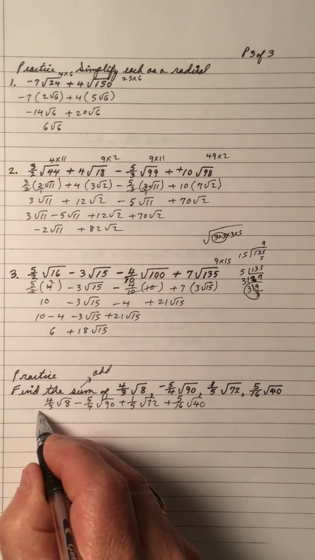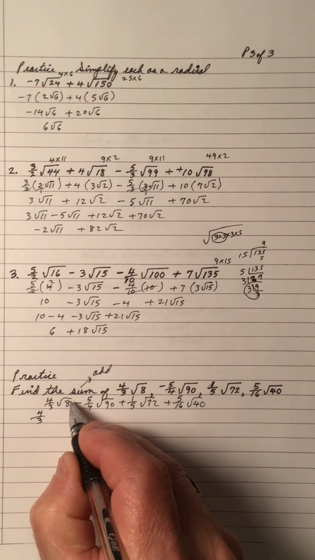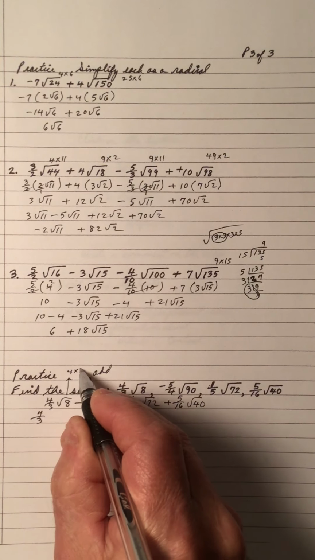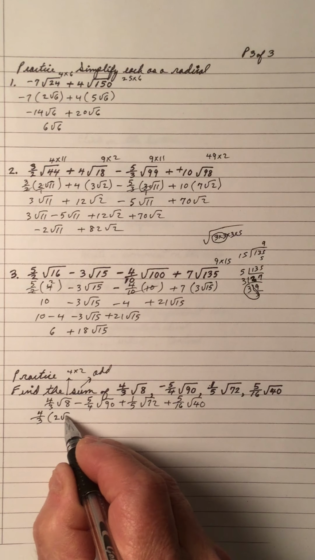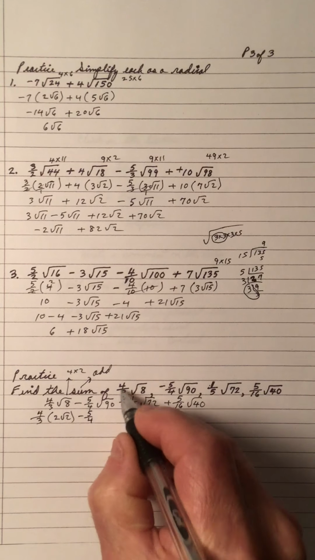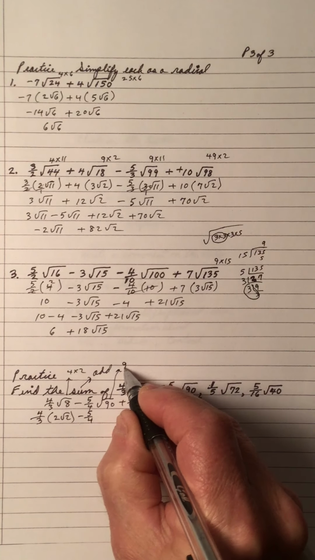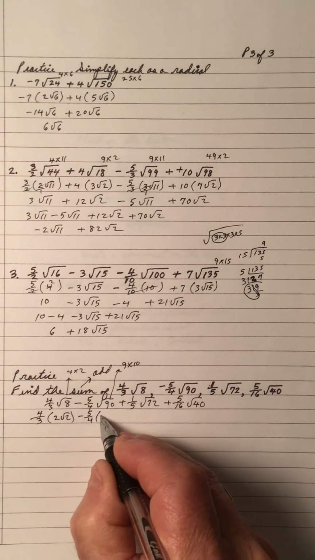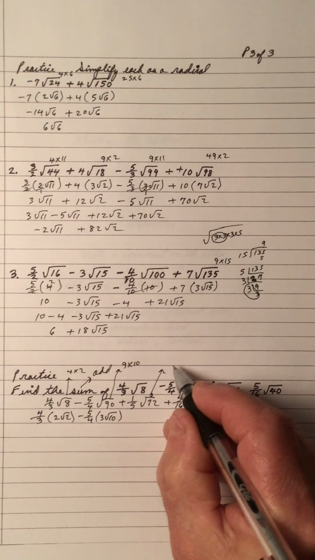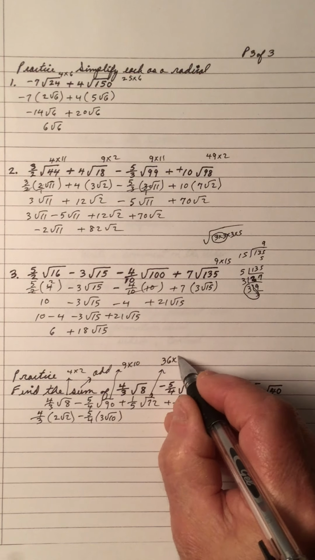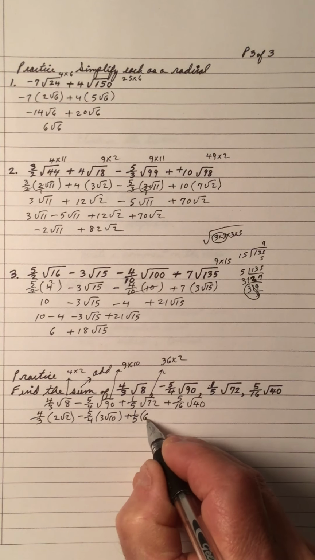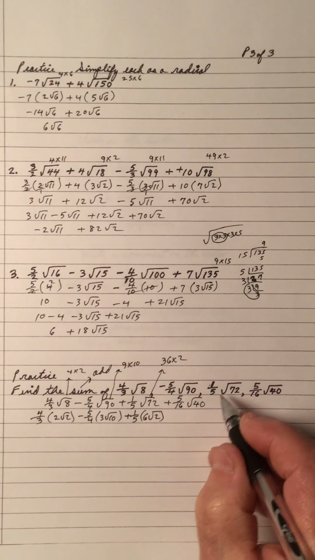Now we have to simplify each one of these. 8 is 4 times 2, so that's a 2 root 2, minus 5 over 4, and 90 is 9 times 10, so that's a 3 root 10. 72 is 36 times 2, so I get 1/5 and 6 root 2.